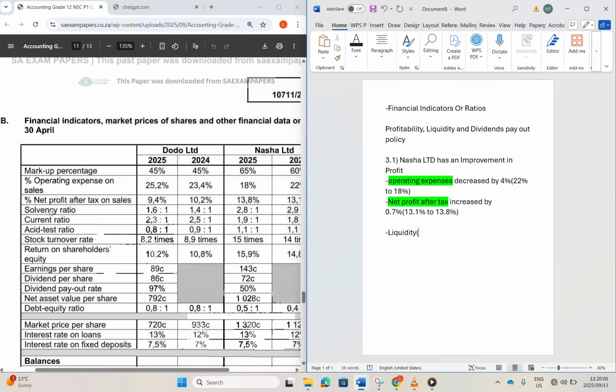In this case we have 1, 2, 3, 4 liquidity ratios. They didn't mention all of them, but then we have creditors payment, the period it takes to pay our creditors, and we have debtors collection period. I think that's all for our liquidity ratios.